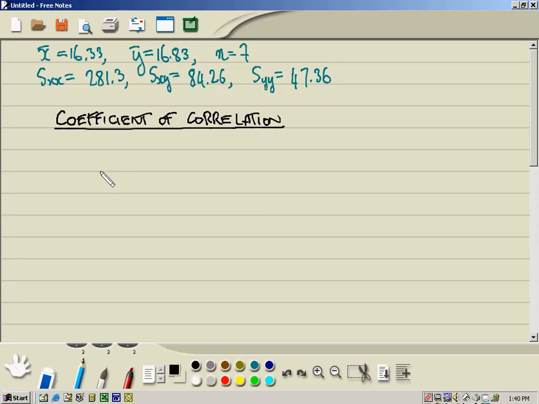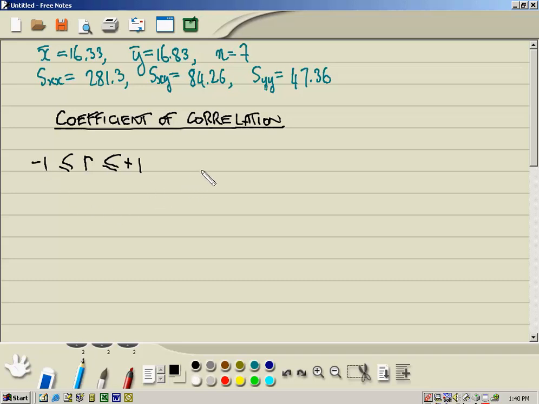We're now going to use the same data later on and talk about a concept called the coefficient of correlation. Many of you may have heard the concept before and actually dealt with this in high school at some point. The coefficient of correlation is usually designated by a character little r, and the value of r, once calculated, is somewhere between plus and minus 1.